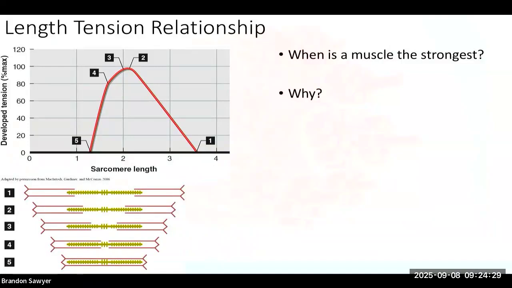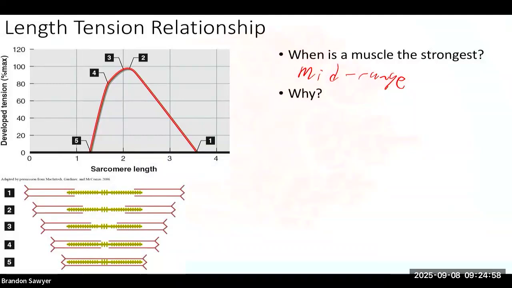Length tension relationship pretty much means that a muscle is going to be its strongest somewhere in the mid-range of its range of motion. Okay, so the easiest example to think about is your biceps brachii. If you try to do a curl out here, it's not going to be as strong. If you try to do a curl right here, you're not going to be able to produce as much force. If you're doing it right here, you can produce the most force.